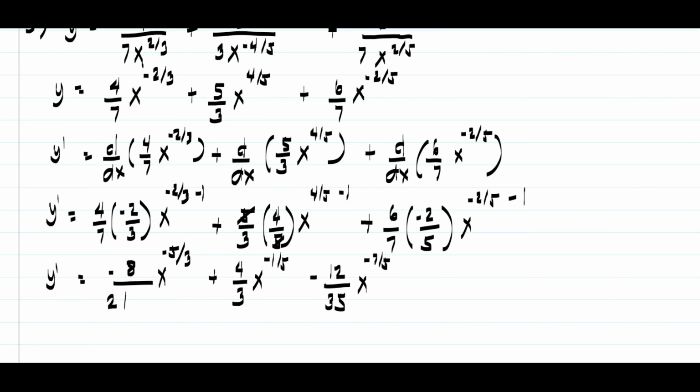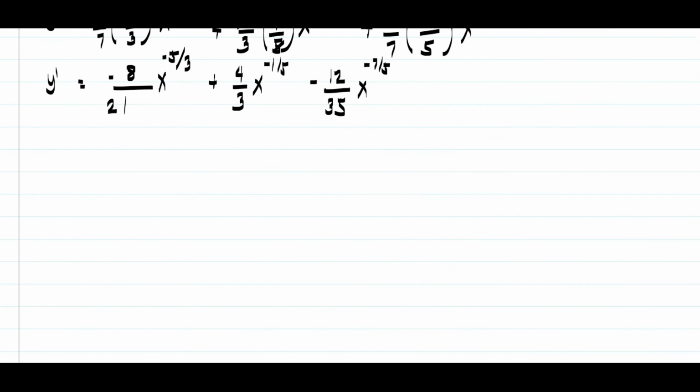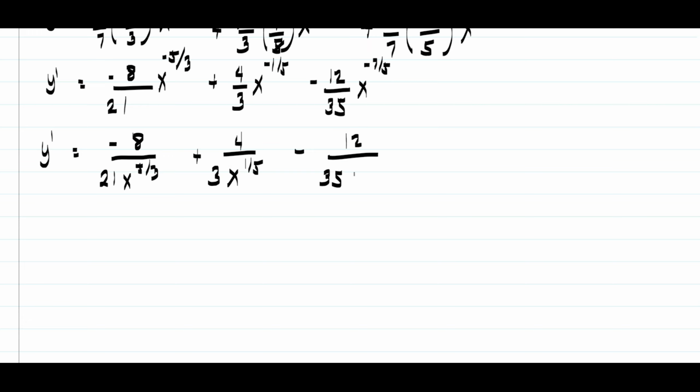So to simplify this one, let us have y prime, and then since we have a negative sign on the exponent, we can get the reciprocal of this one. So this will give us negative 8 over 21 x raised to 5 over 3, and then we have 4 over 3 x raised to 1 over 5 minus 12 over 35 x raised to 7 over 5.